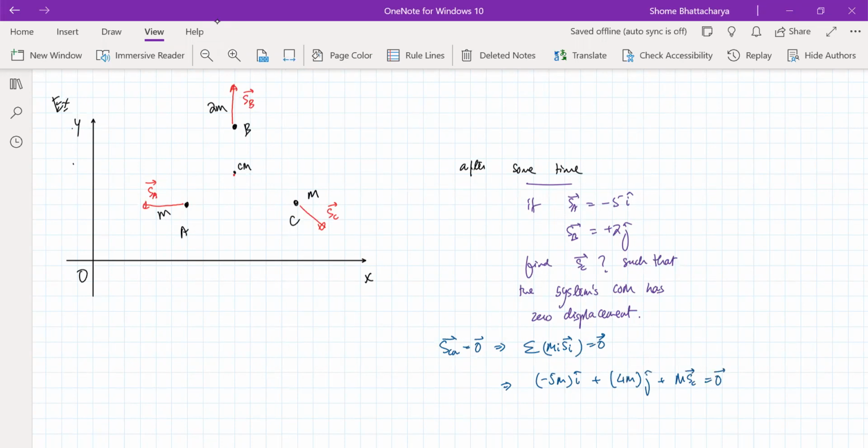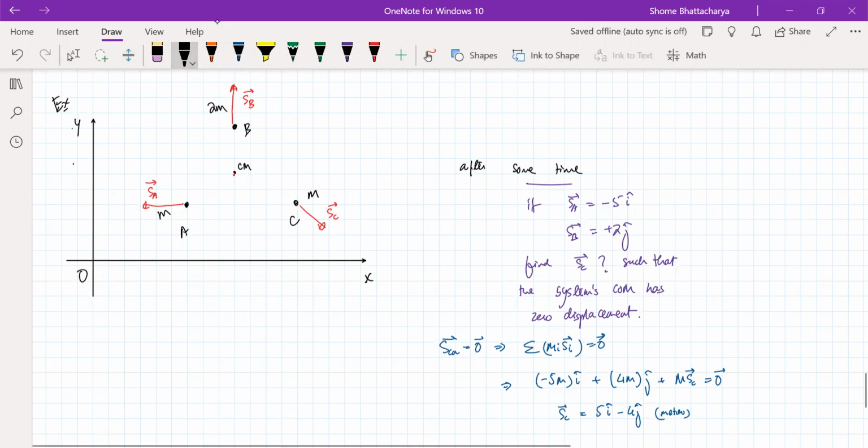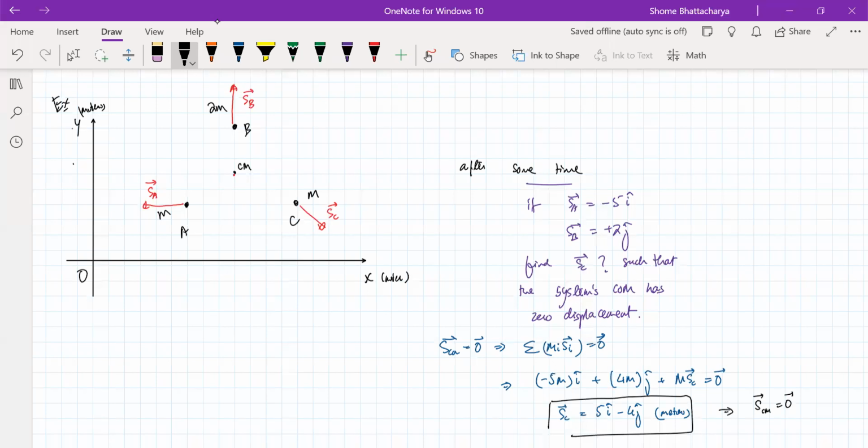But this should be 0. That's in meters because this condition will satisfy the fact that the displacement of the center of mass is 0.